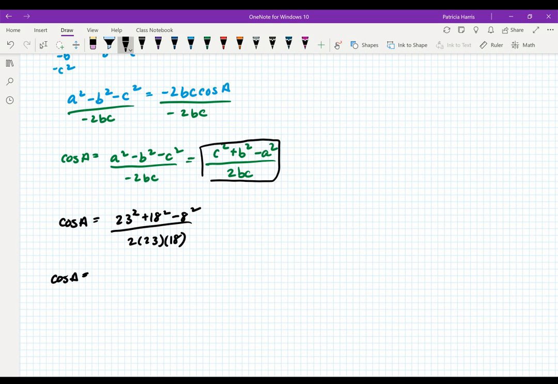So you had 789 on the top, then 828 on the bottom.